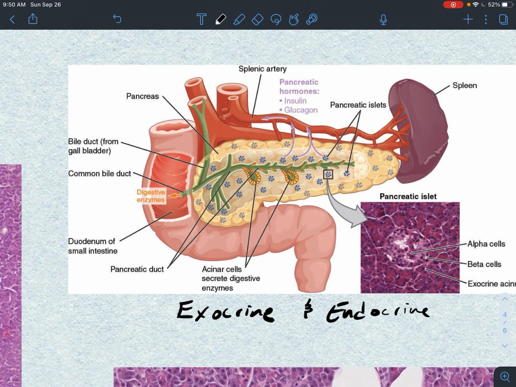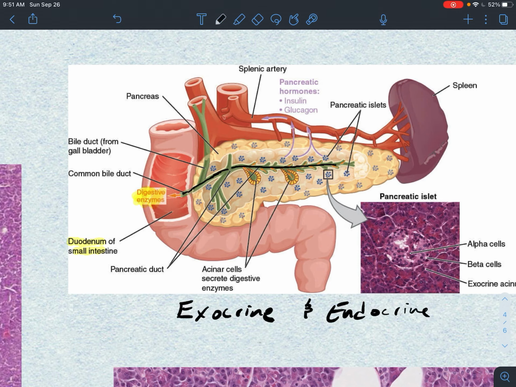So the exocrine function has to do with this long duct that you see moving through the organ and then eventually, right, releasing its contents into the duodenum of the small intestine, right? And you can see that it says right here that digestive enzymes are released into the duodenum. So what does that mean?